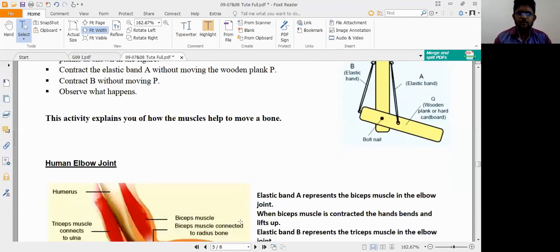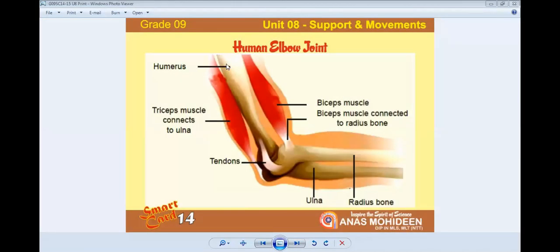So we take now the human elbow joint. This is the bone which we name as the humerus. At the point where we stretch and fold our elbow, this joint we name as the tendon. From the tendon, it is connected with two more bones which come down through our hand. We name them as radius bone and ulna.